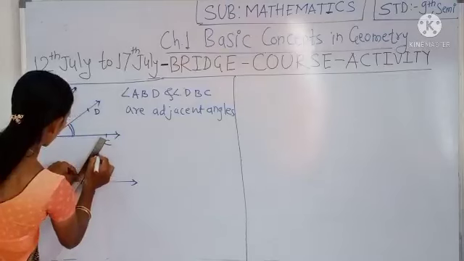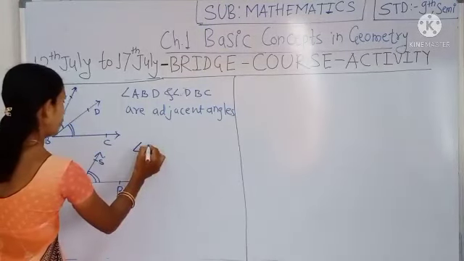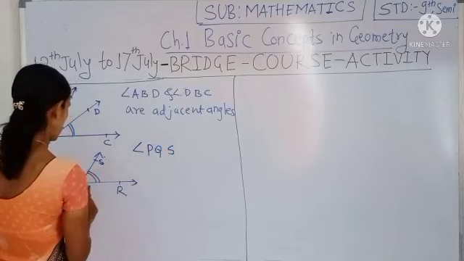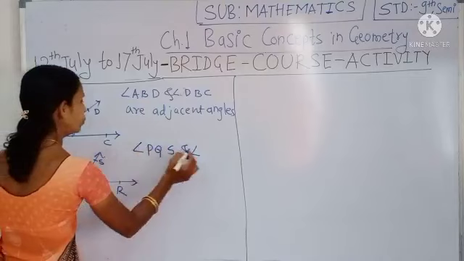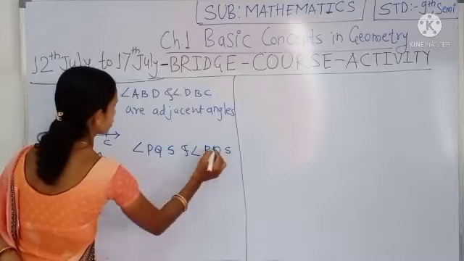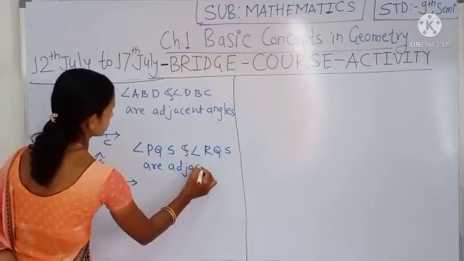Then in the second figure, angle PQS and angle RQS are adjacent angles.